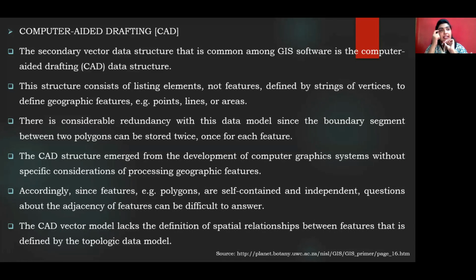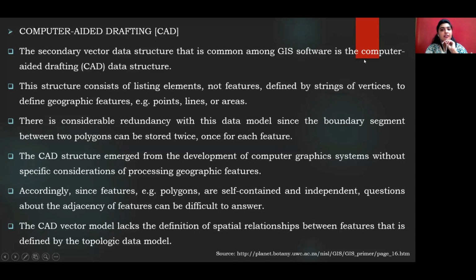Apart from that, the next vector data model, which is again being used, is computer aided drafting, which we commonly call CAD. So the secondary vector data structure that is common among GIS software is computer aided drafting, the CAD data structure.